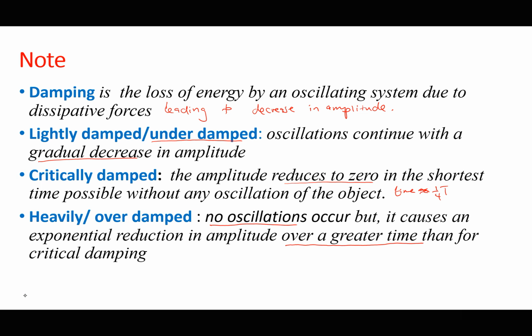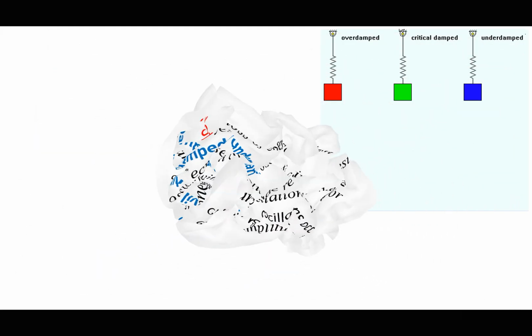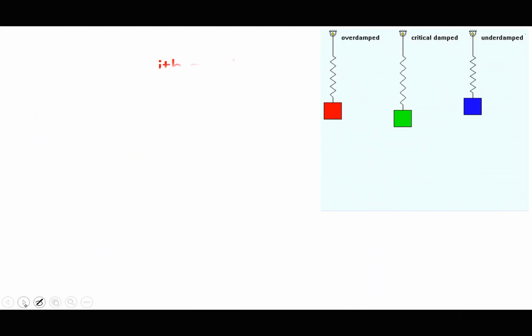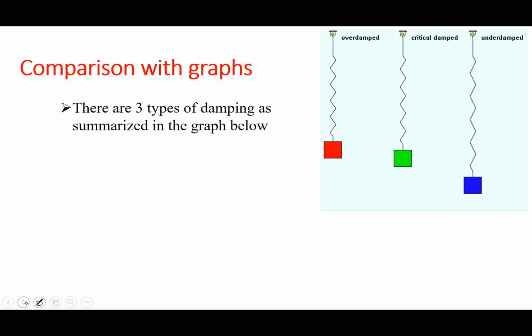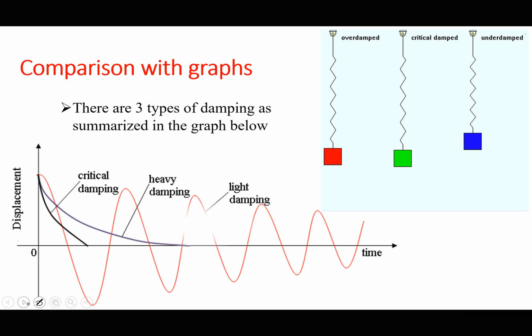So we can now compare the three types of damping on the same axis. There are basically three types of damping, summarized in this graph. We have light damping represented in red, where the amplitude decreases gradually to zero, as we see from this graph. Then we have heavy damping, where the amplitude reaches zero over a longer period of time.